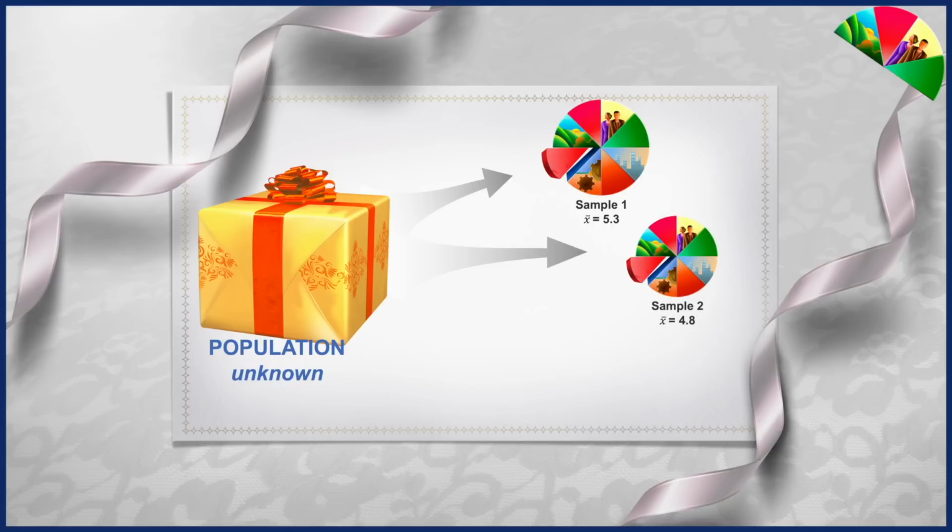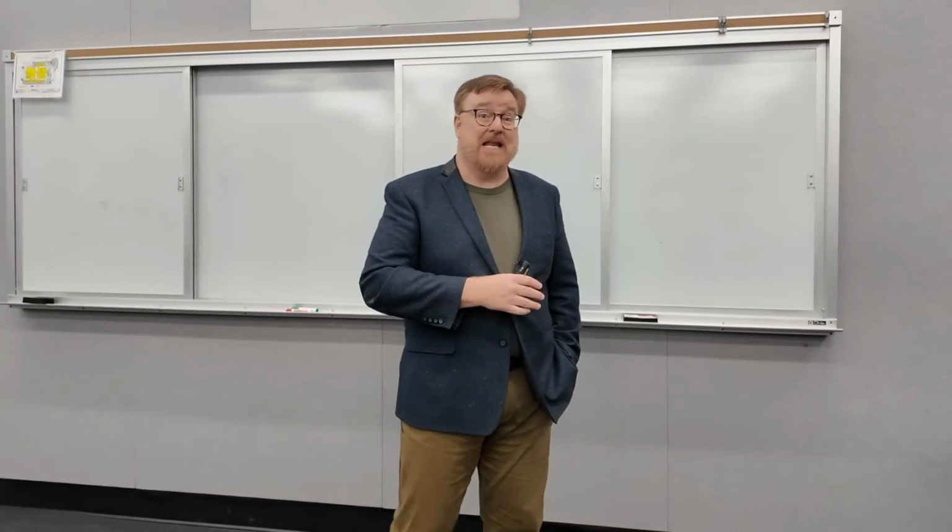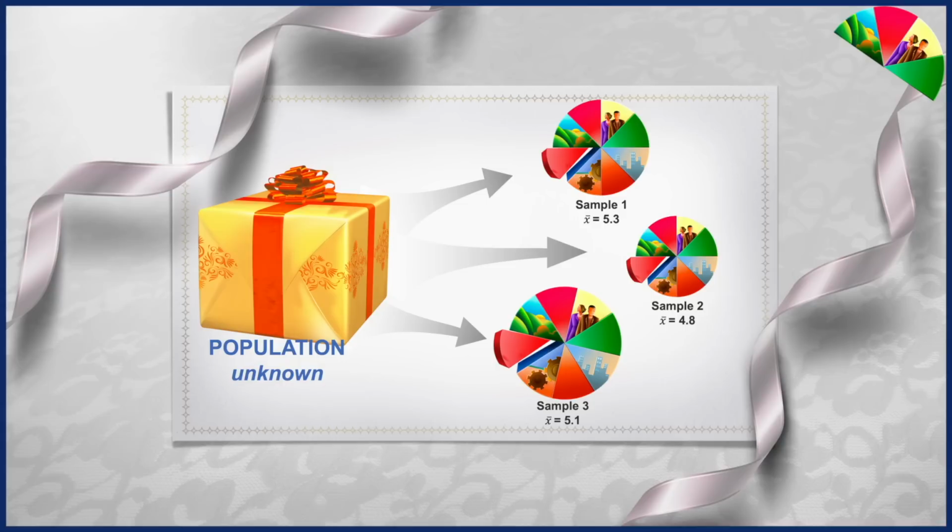And maybe some samples have a little lower mean and some samples have a little higher mean. And some samples are larger and smaller. Which one of those samples am I going to use to represent the population? The answer is I'm not going to use any one of them. I want to use all of them. I want to get an average of the averages to use as my point estimate of the population.